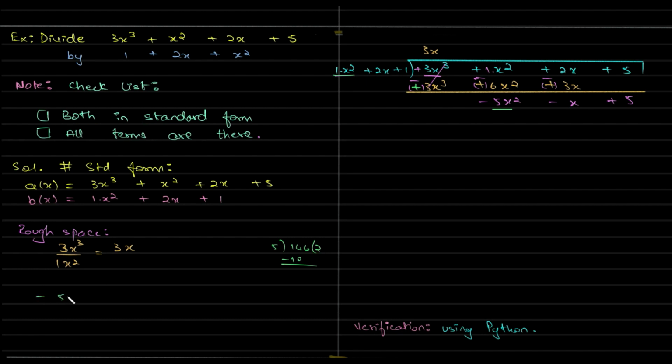Minus 5x square by 1x square will give me minus 5 into 1, so I'm going to write minus 5 over here. Minus 5, I'm going to multiply with all of this. So we have minus 5x square, minus 5 into 2x is minus 10x, minus 5 into plus 1 is minus 5. And it's a must for you to change the sign.